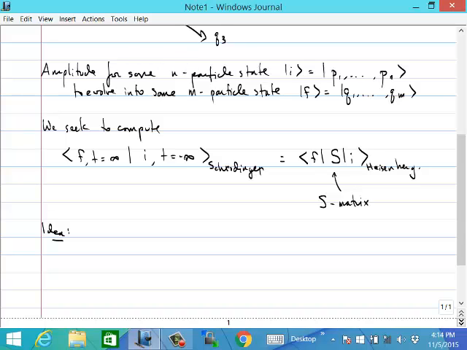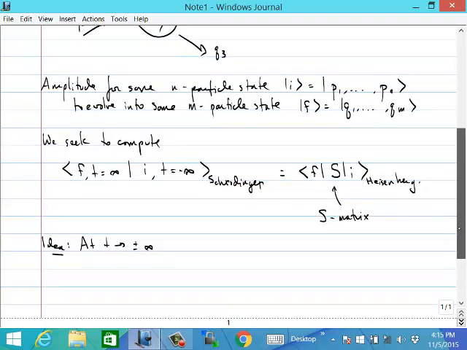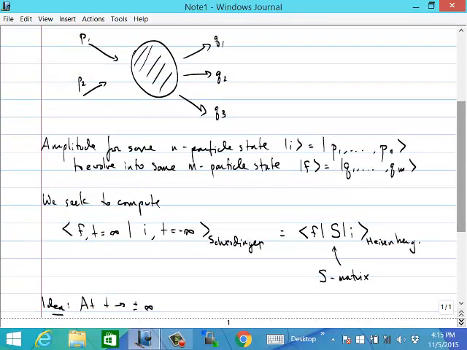But the basic idea is that if we're only interested in computing scattering amplitudes, that is to say, we're only interested in studying states in the far past or the far future, then if you just look at this diagram that I've drawn here, you see we have some incoming particles with some momentum P1 and P2, but in the far past, those particles will be very widely separated.